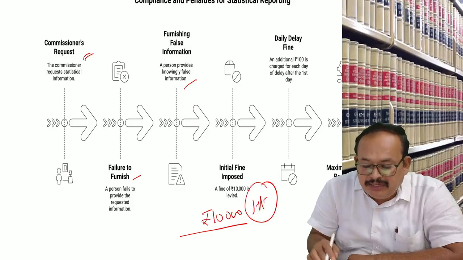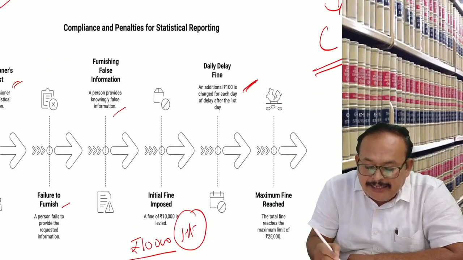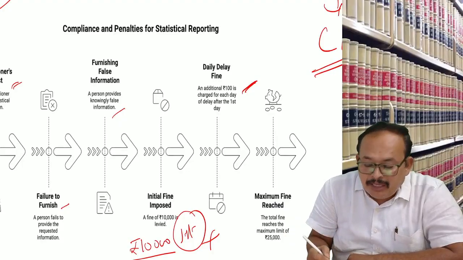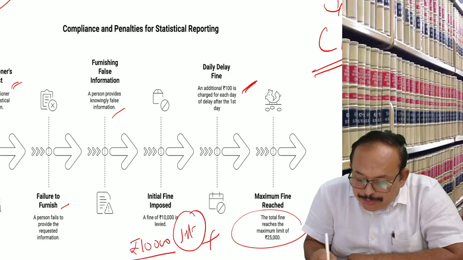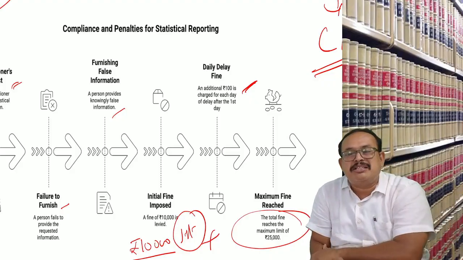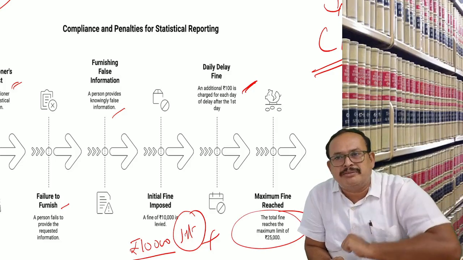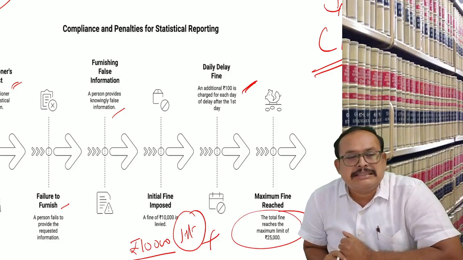Further, for each day of delay, rupees 100. That means 10,000 plus something. The maximum amount should not go beyond rupees 25,000 as per the CGST. As per the SGST, the same amount should not go beyond rupees 50,000. Is it clear, my dear sir?